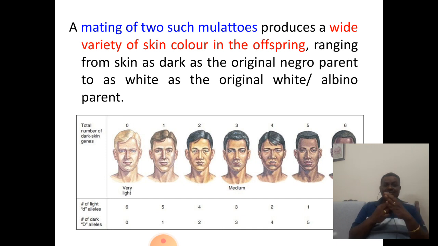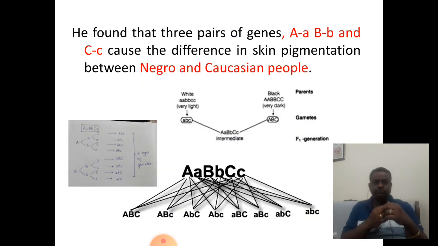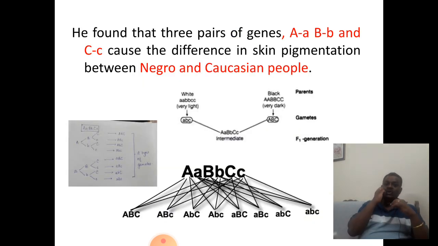So that's the color of the skin that we find in the F2 generation. So as we have understood, let us now understand it by cross. We know when white individuals are crossed with black, in the F1 generation we find mulattoes or intermediate.